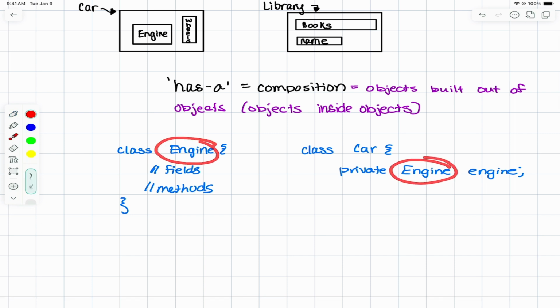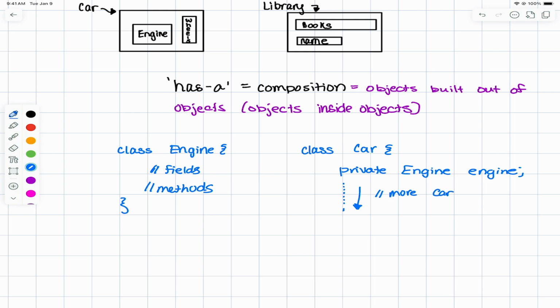This is the data type. This is our object field, right? That is exactly what this is. So we can now use it in our constructor and beyond. More code, more car class code.